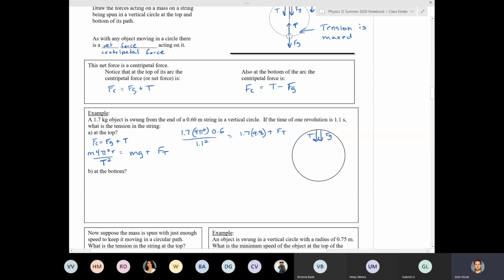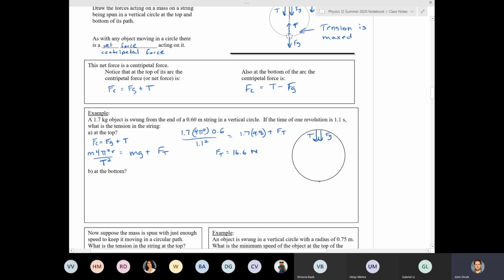So 1.7 times 4 pi squared times 0.6 divided by 1.1 squared, and then minus 1.7 times 9.8, and you get FT equals 16.6 newtons.